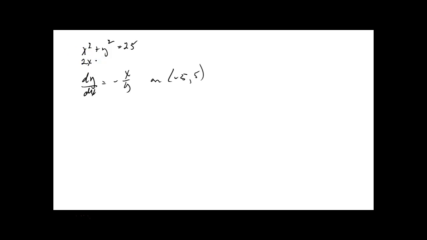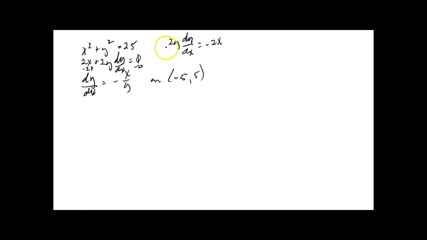2x plus 2y dy dx is equal to 0. Okay, let's solve for dy dx. First thing we'd do would be subtract 2x from both sides. That would give us 2y dy dx is equal to minus 2x.